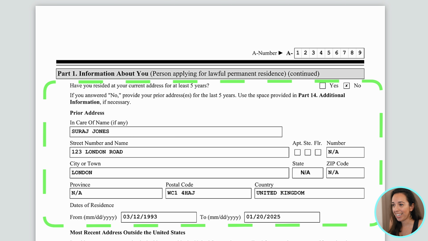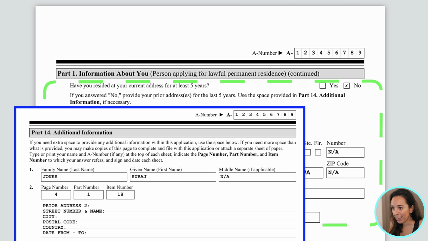And we wrote the date from and the date till, which was pretty much the day he left the UK to come to the US. If you need more space to write more addresses, you can use the last page for additional information. To use this page, you need to reference the question you are answering.